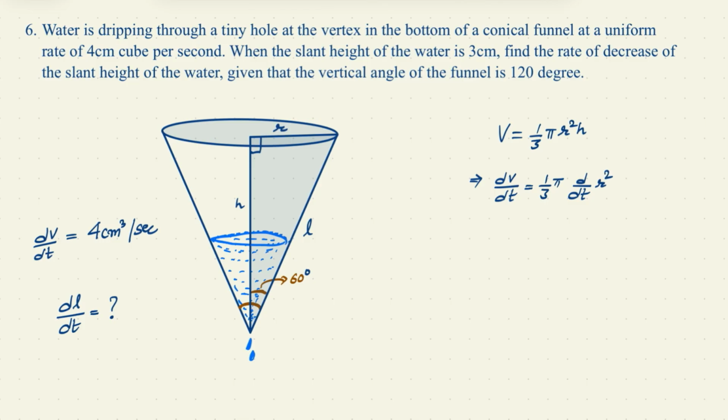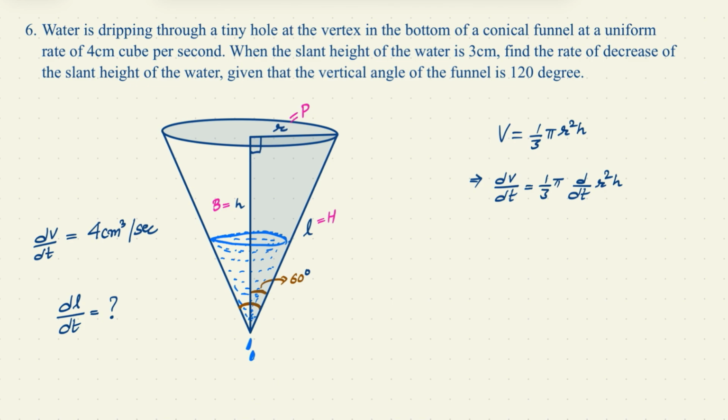of r square h. Now if you see, there is a right angle triangle inside this cone, and there's a 90 degree here, that means the side opposite to 90 degree, that is L, is the hypotenuse here. If we consider this 60 degree, then the side opposite to the 60 degree will be our perpendicular, and obviously the base is the remaining side, that is height.